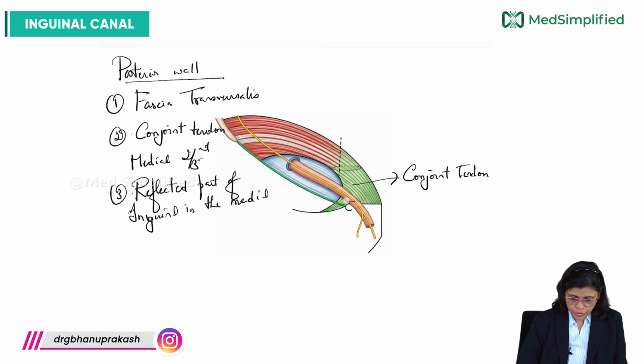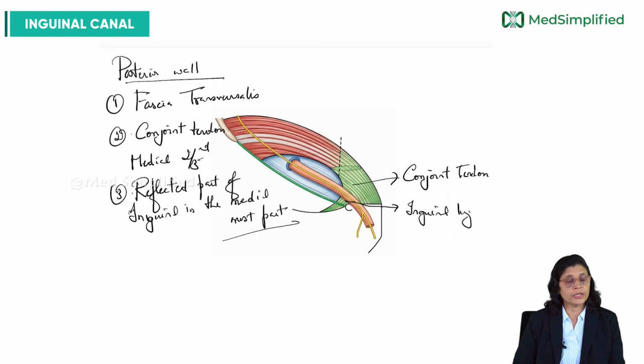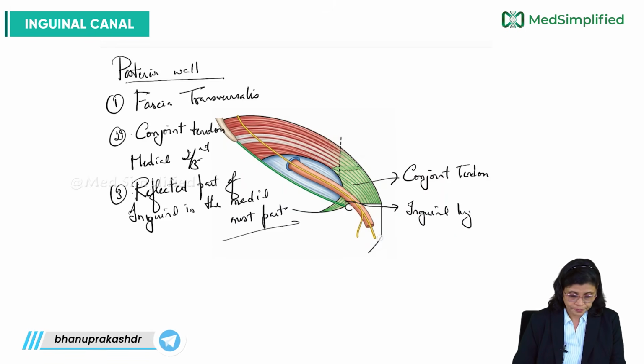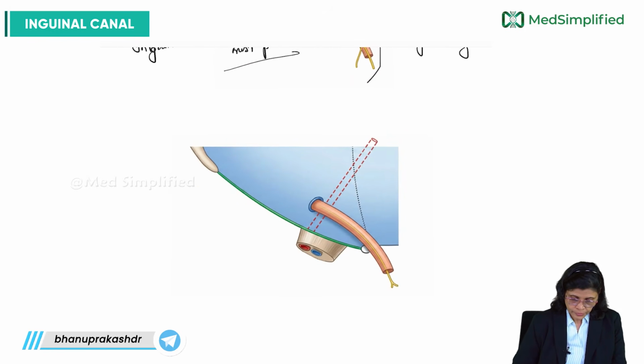So in this portion, the medial most part will be the reflected part of the inguinal ligament. Okay, so those are the structures which are forming the posterior wall. Here we can also see the fascia transversalis.